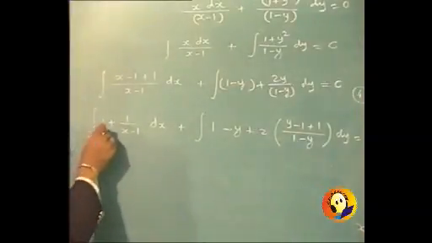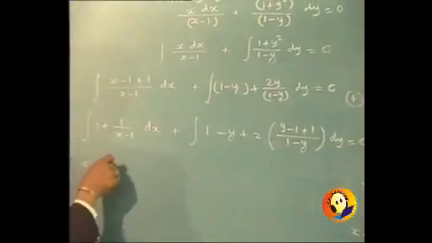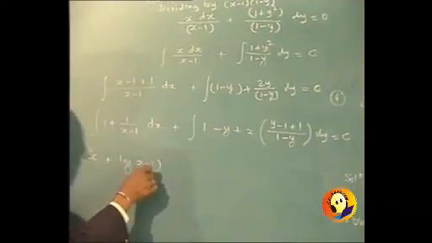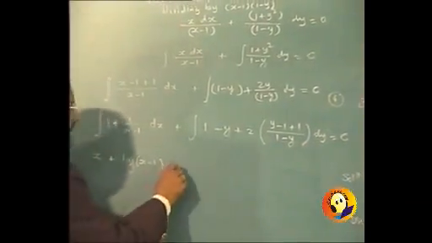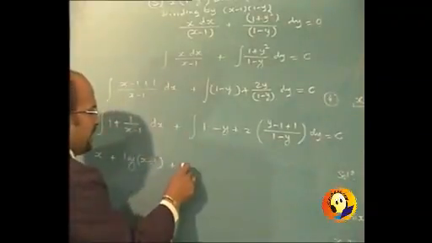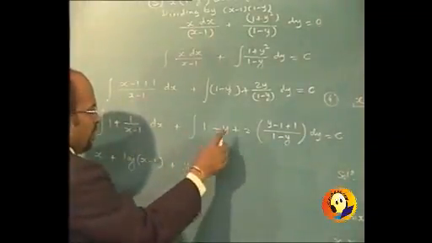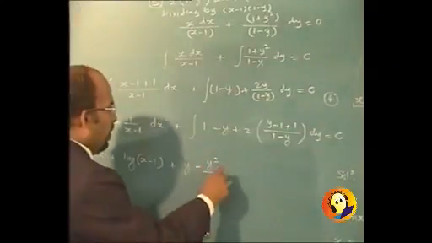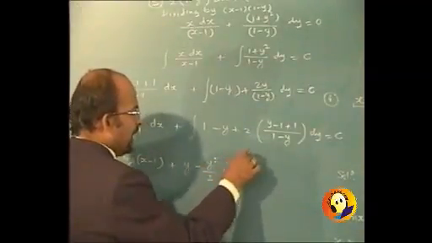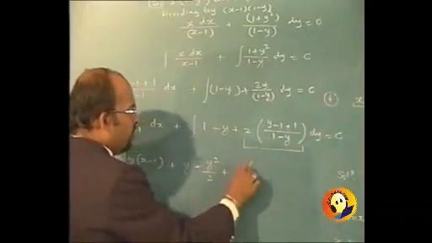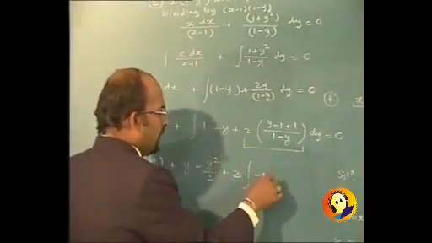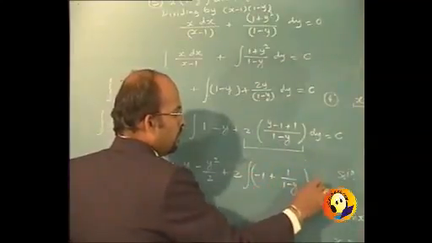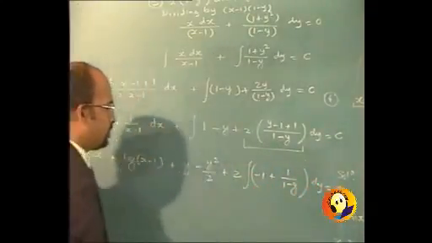Proceed with the integration. 1 is integrated as x, 1 upon x minus 1 is integrated as log of x minus 1. For the second integral, 1 is integrated as y, minus y is integrated as y square by 2, plus the second last term over here in the integral form is written as minus 1 plus 1 upon 1 minus y dy equal to constant.